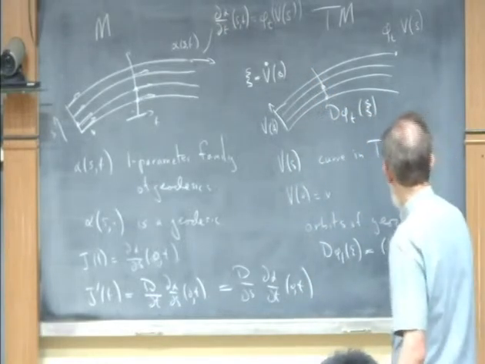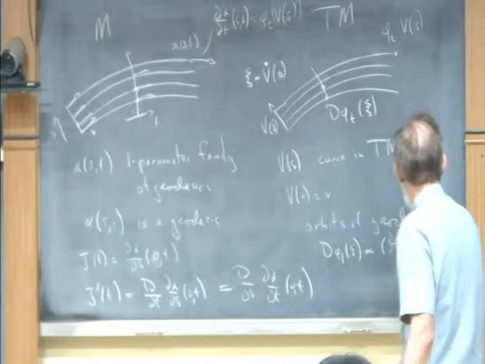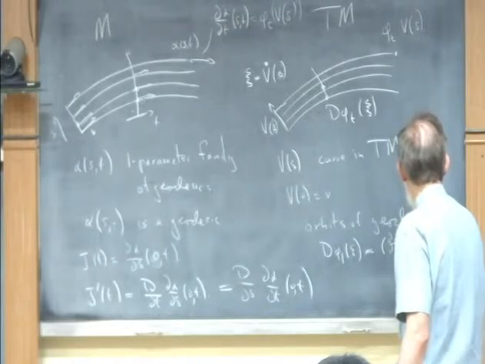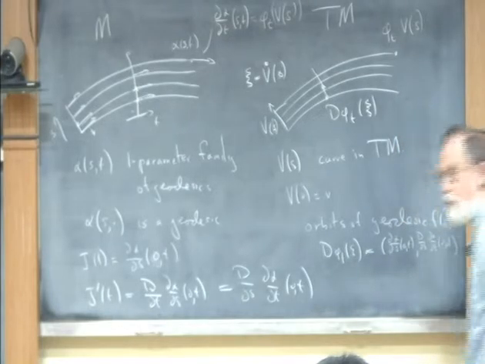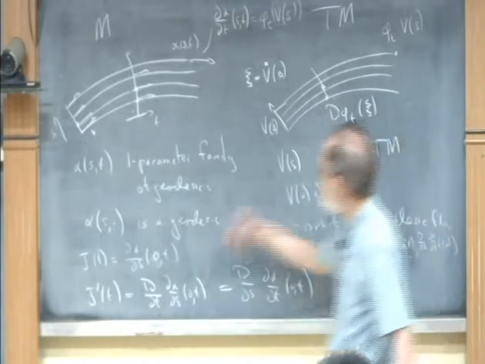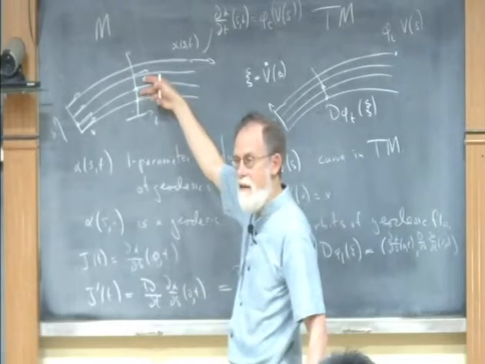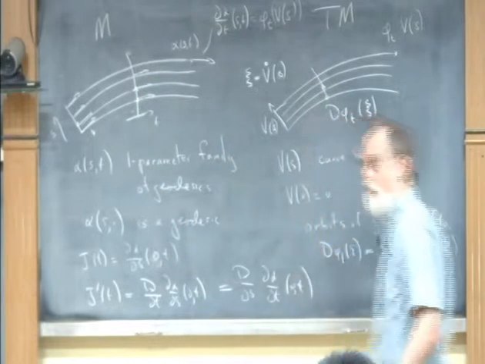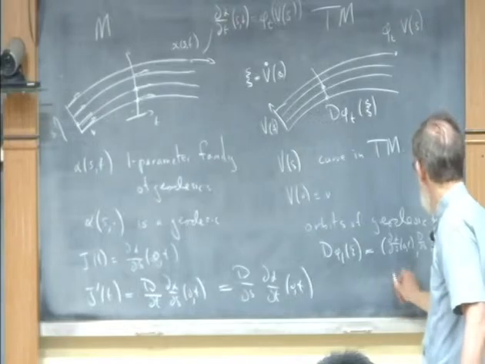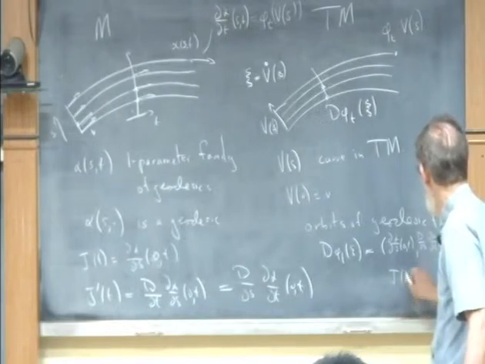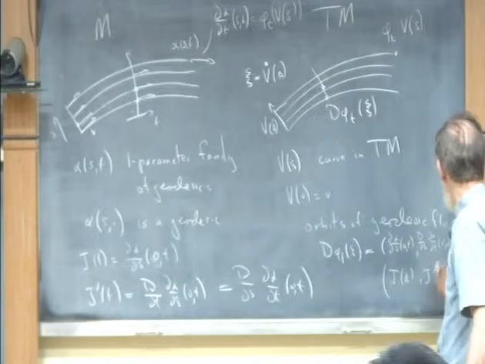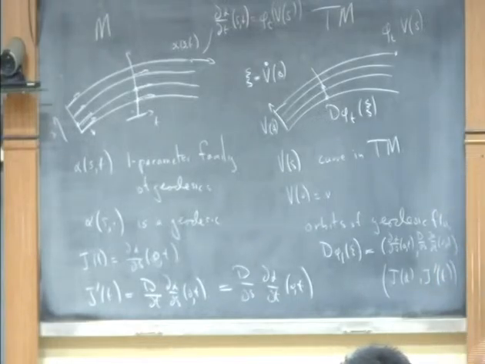And then the second component is the covariant derivative of the vector field along the curve. The vector field is the partial with respect to t, and you differentiate in the s direction. And by reversing the order of differentiation, you can see that this is the same as the derivative of the Jacobi field.